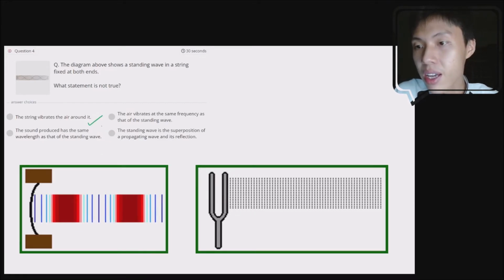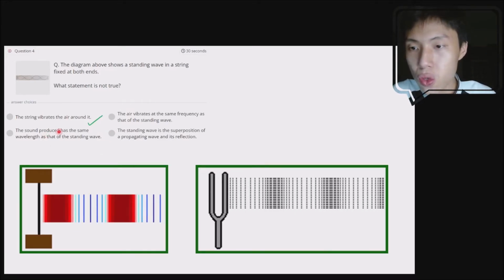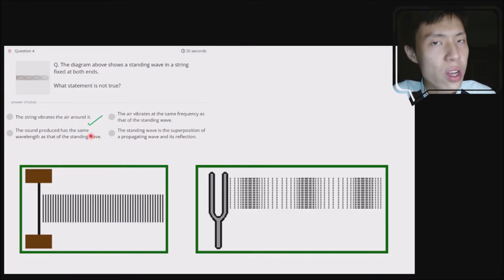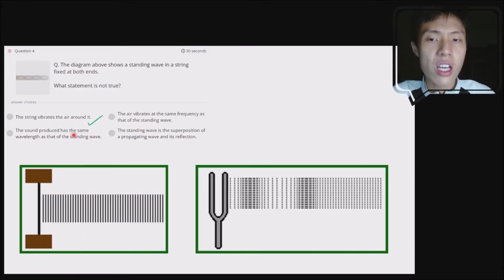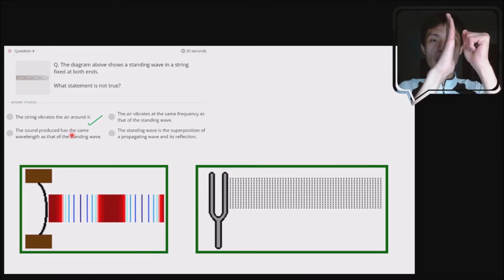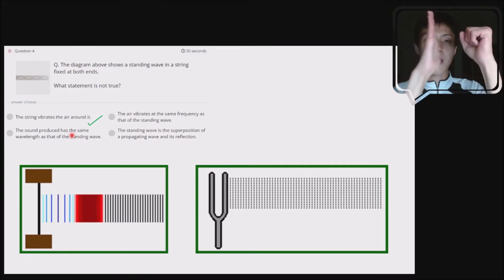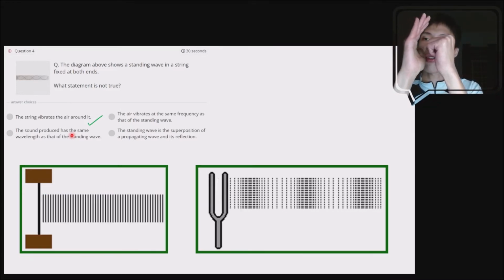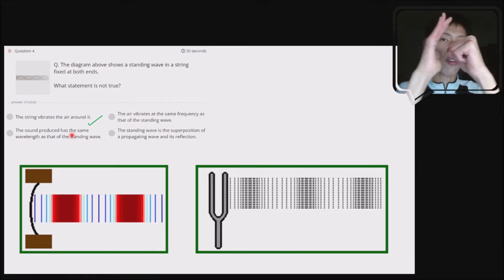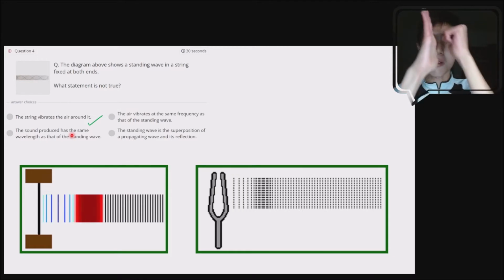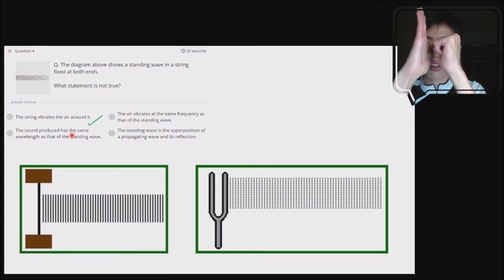It's correct. Next, the sound produced has the same wavelength as the standing wave. Well, this one is not necessarily true. What you know is if the string gets bent to the left, then the particles will get sucked to the left. When the string gets bent to the right, the particles will get pushed to the right. The particle next to the string will move in the same way as the string.